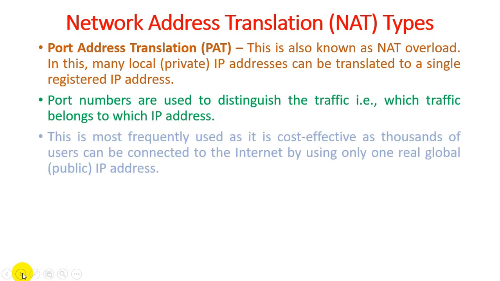This is the most frequently used as it is cost effective, because organizations or colleges buy only one public address and they are accessing many private IP addresses within the single public address. Thousands of users can be connected to the internet by using only one real global IP address, which is registered through the internet service provider.